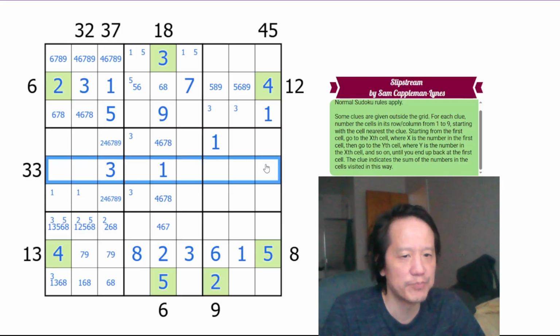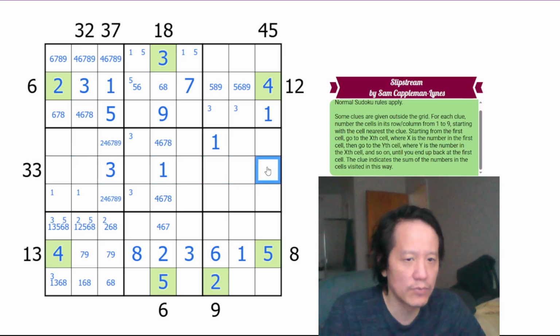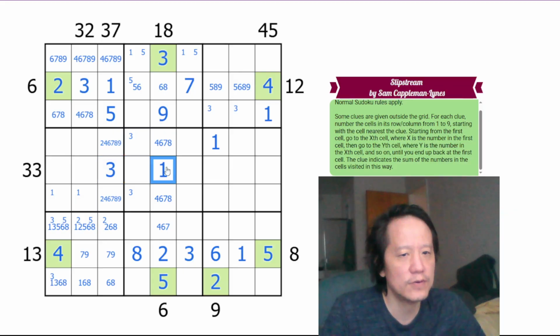So we are definitely removing the 3 from this spot, which means it's either 3 and 9 are gone, or it's 3, 2, and 7, or it's 3, 4, and 5, but it can't be 3, 4, 5.